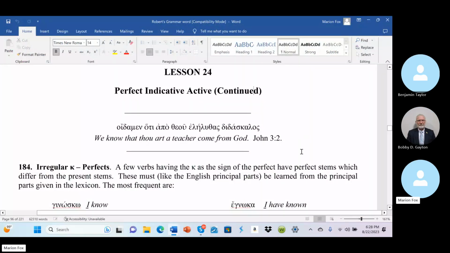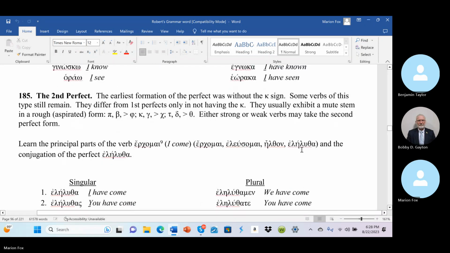All right. We're back on lesson 24, and we have breaks. These rules here apply, but there are some situations where, I think, two letters, one particularly, dropped out of the Greek language.